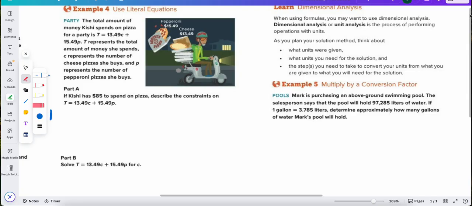So, there are a few different things. First, she can't buy negative pizzas, so C and P can only have a minimum of 0.